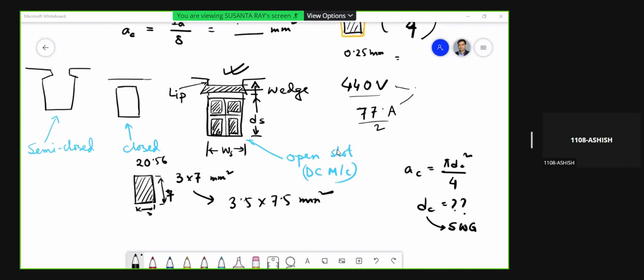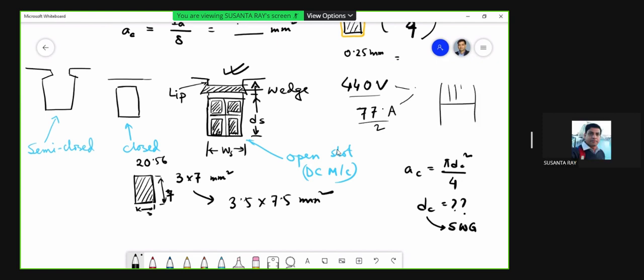Hello, sir. I am getting conductor per slot equal to 8. Then how will I arrange that? Suppose here it is given 4 by 4.